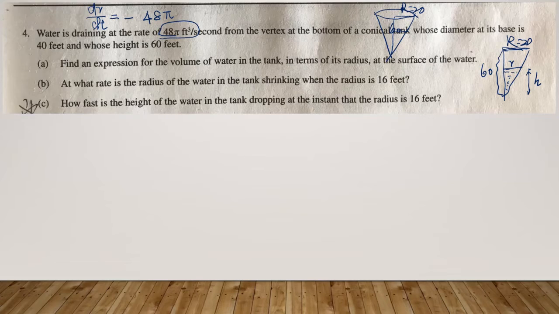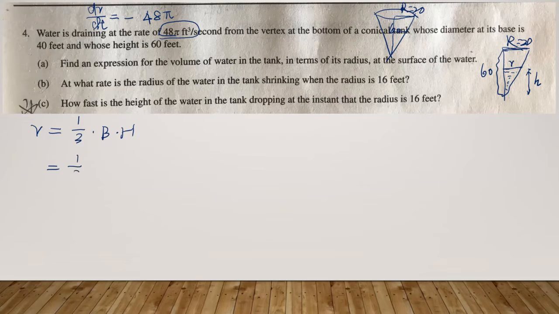Okay, now question A. Find an expression for the volume of water in the tank in terms of its radius at the surface of water. This is a very easy question. As we learned, the formula for the volume of a cone is 1/3 times the area of the base times height.